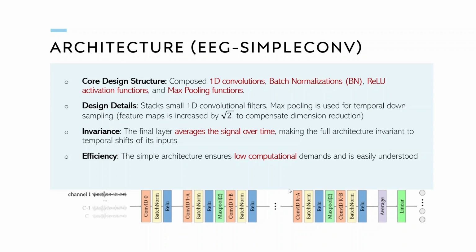It stacks plenty of small 1D convolutional filters to increase the receptive field and capture intricate patterns. Max pooling is used for temporal downsampling, and the number of feature maps is increased by square root of 2 to compensate for the dimension reduction.